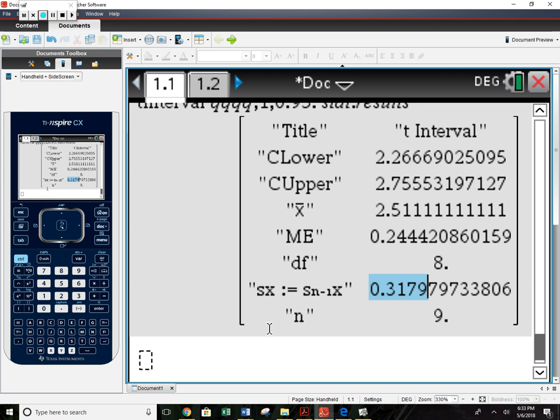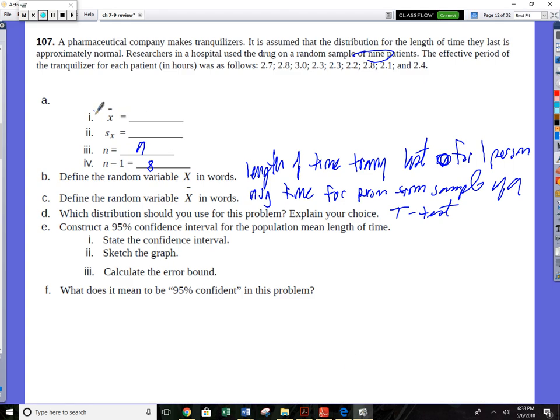So now we can answer I. X bar was 2.51. Standard deviation was 0.318. For a 95% confidence interval, we got it. That was from 2.27 to 2.76.